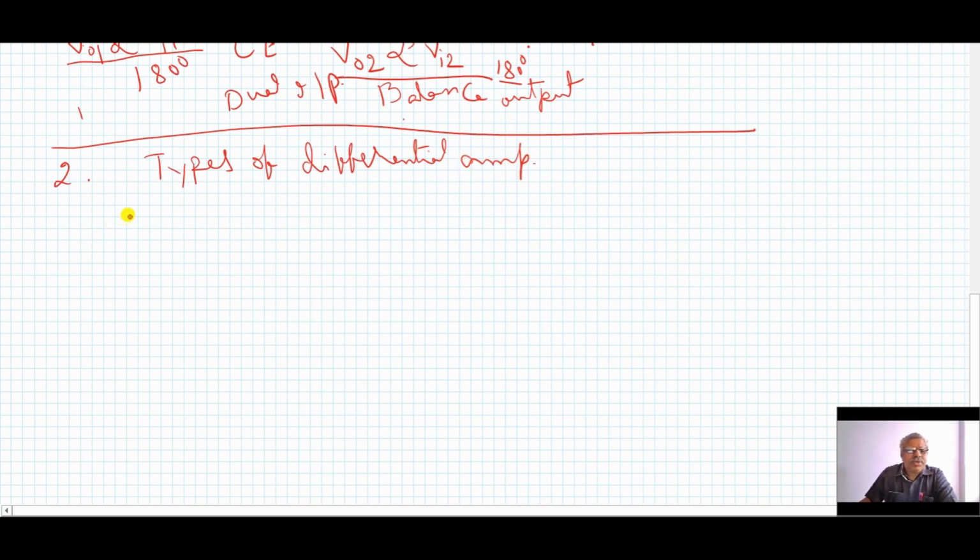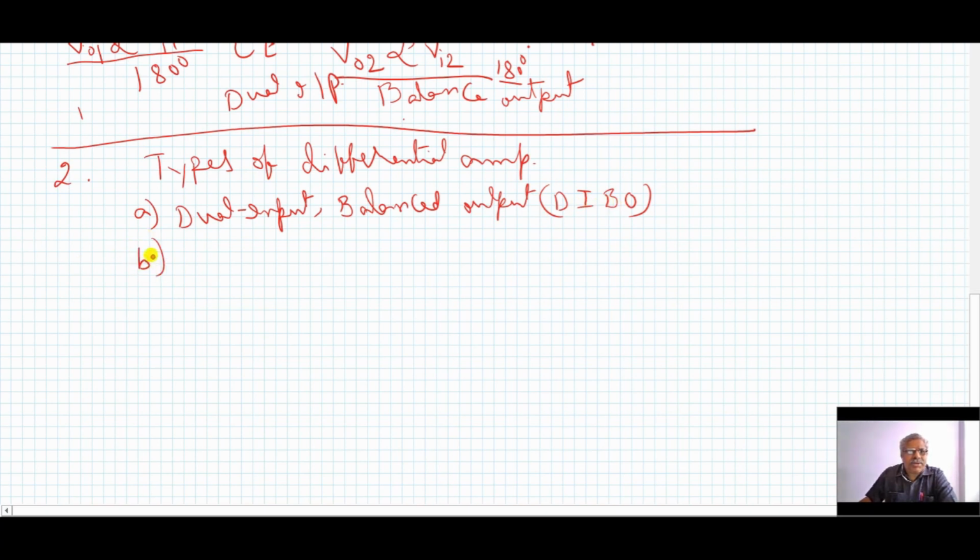There are four types of differential amplifiers. 1. Dual input balanced output. In short, DIBO.